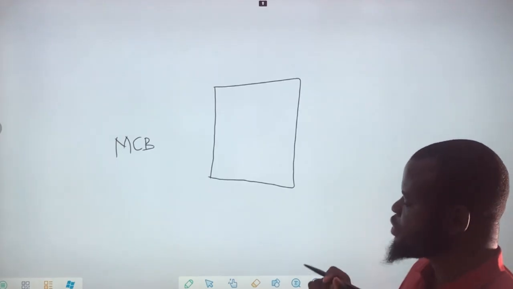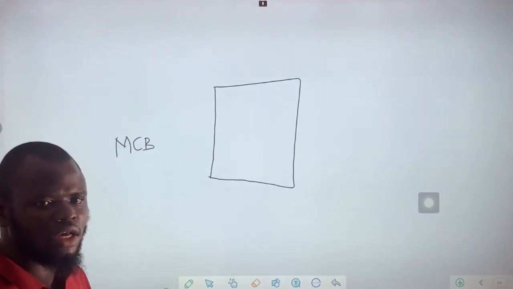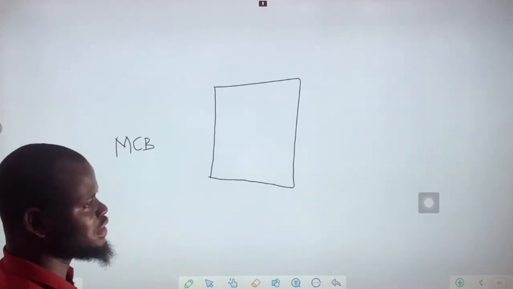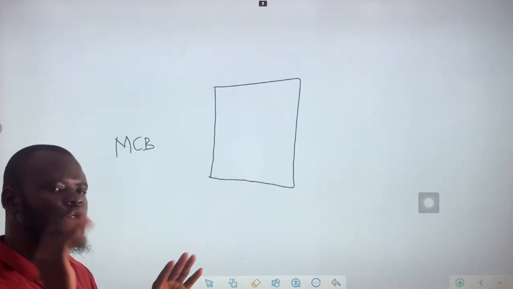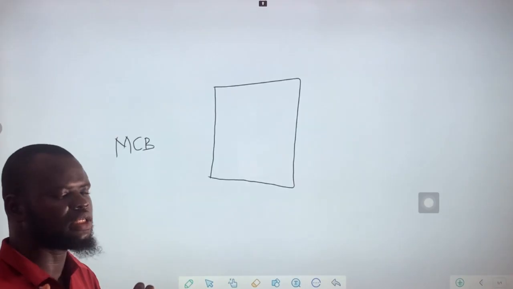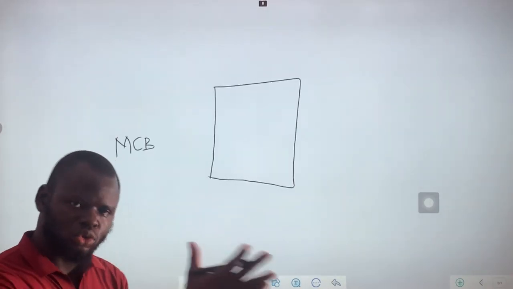So this MCB can be designed in a laser software. Nothing strange, nothing too difficult to do, just you typing MCB, and once you type it, you send it to the machine.